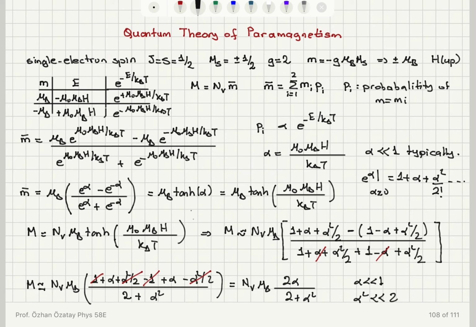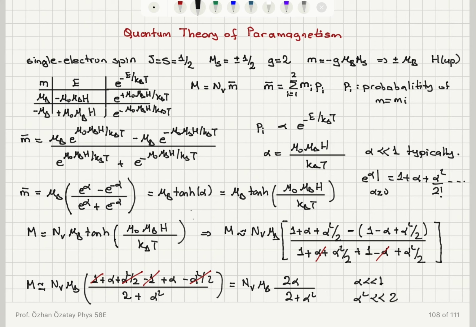And the magnetization will be number density times the average value of the magnetic moment. The average value of the magnetic moment is calculated by multiplying the possible values of magnetic moment with their corresponding probabilities and adding up over all possibilities. So that's what I did here.